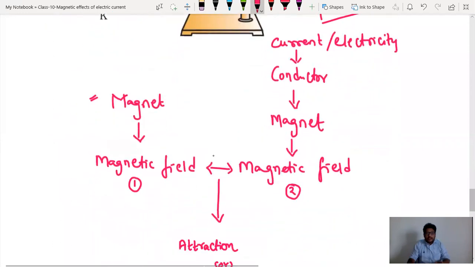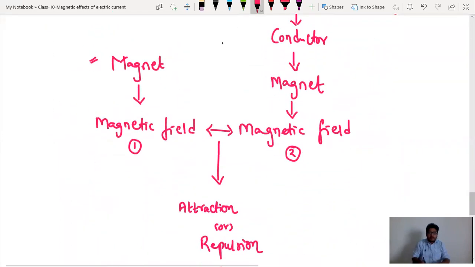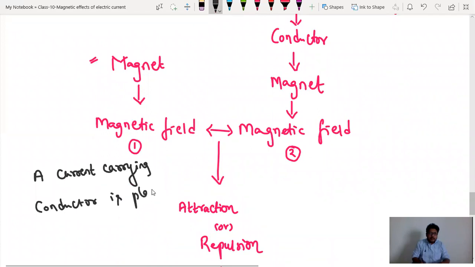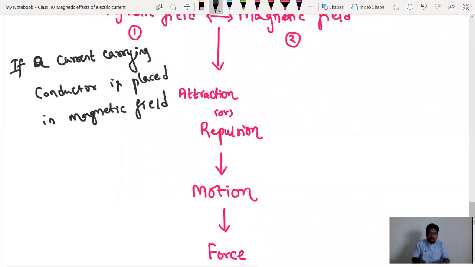So from this, what we can understand? Whenever a current carrying conductor is placed in a magnetic field, what will happen?